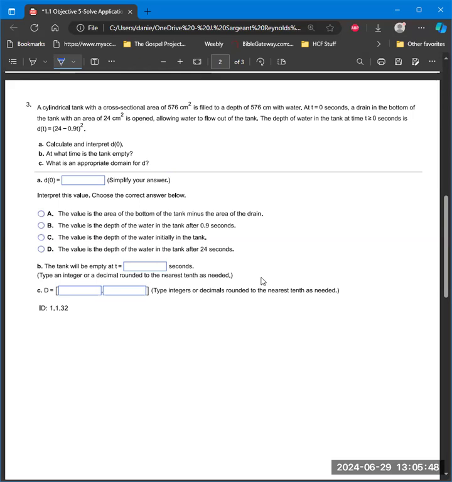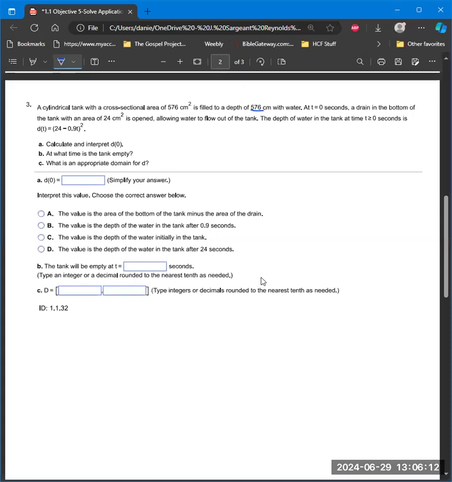The depth of the water in the tank at any time t greater than or equal to 0 seconds is given by the formula d of t is equal to the quantity 24 minus 9/10 t, and then that quantity is squared.